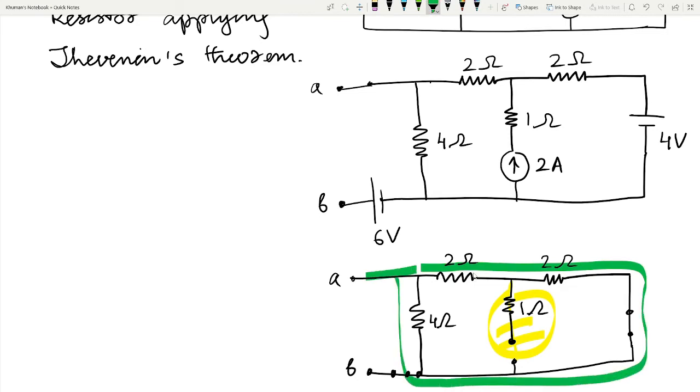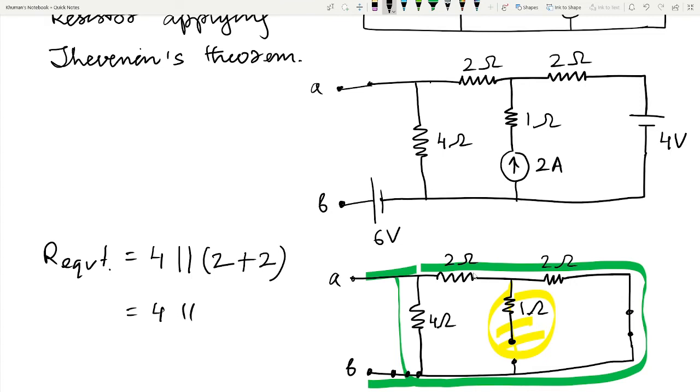So from here we can see that the equivalent resistance at the terminal AB can be calculated as 4 ohm in parallel with 2 plus 2. Here these two 2 ohm resistors are in series, so finally we get 4 parallel with 4, so it is 4 by 2, which is 2 ohm.